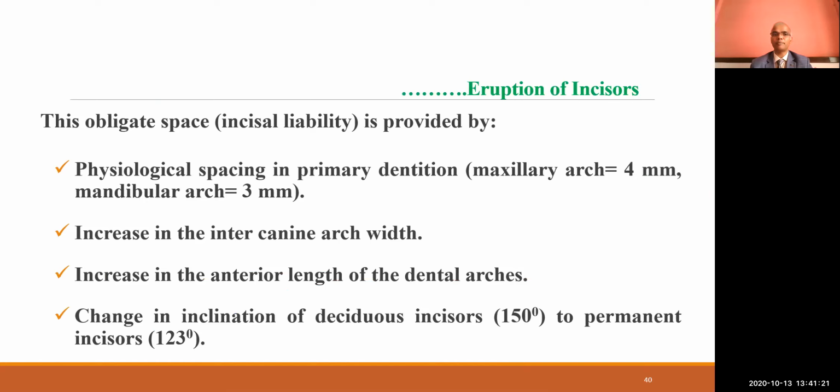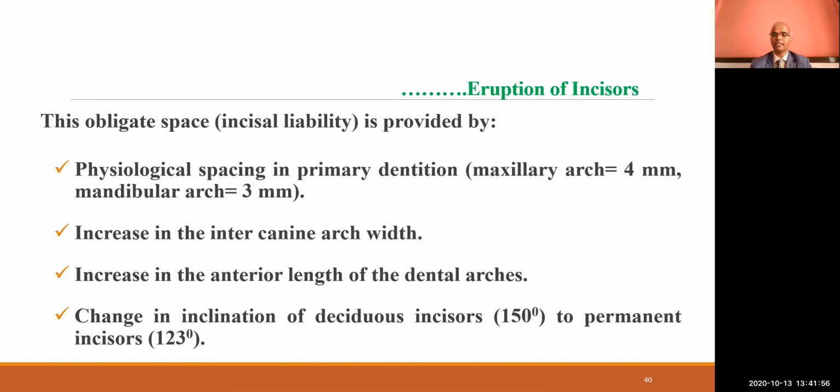So this obligate space, that is incisor liability, is provided by four means. One is physiological spacing in primary dentition, which in the maxillary arch is 4 millimeter, and in the mandibular arch it is 3 millimeter. Then increase in the intercanine arch width, which causes increase in arch perimeter, and increase in the anterior length of the dental arches due to growth, and also change in the inclination of incisors from 150 degrees to the permanent incisor.